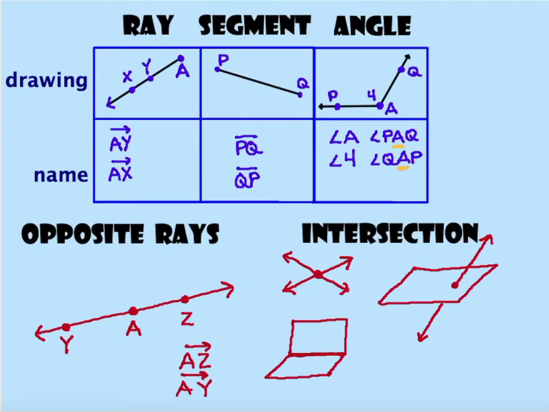And then you have to remember that since planes are infinite, we have to think of that wall extending infinitely. Then that intersection would also be infinite. So we say that two planes intersect all along a complete line. It would be infinite. So that's three types of intersections that we're going to talk about.